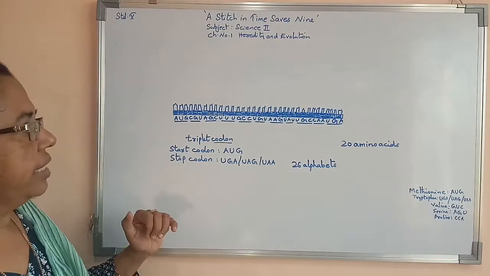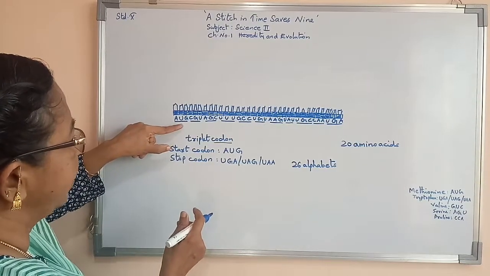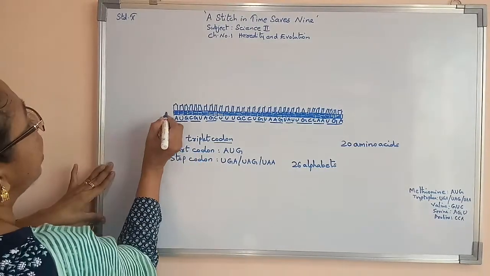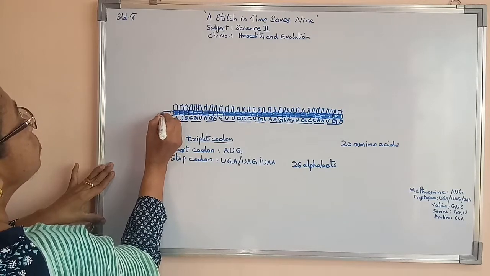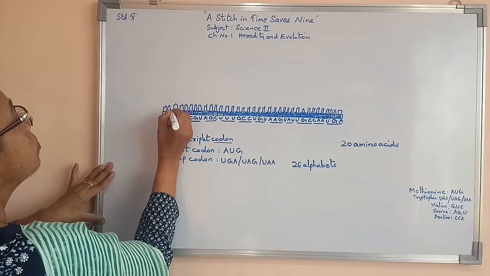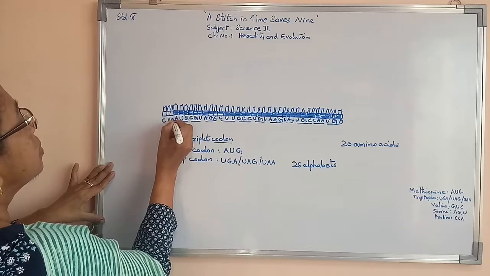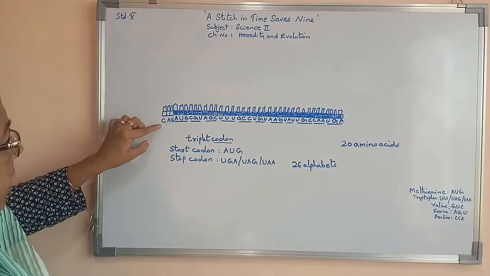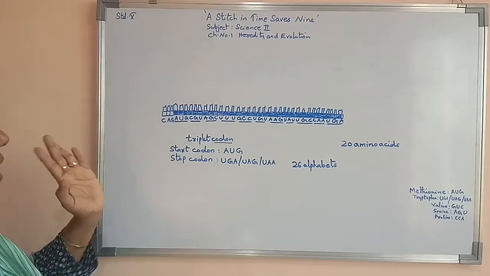Now in this place I wrote AUG, but sometimes it can be something else. Any other I am writing? CAG. C means cytosine, adenine and guanine.